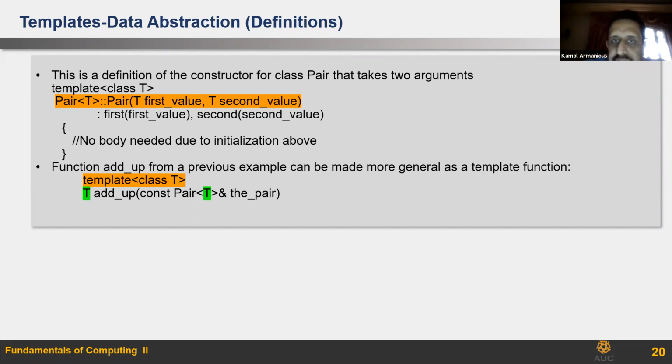So what is an implementation file? It's the file where you implement the functions of a class. It's a file where you put the functions and the declarations themselves.